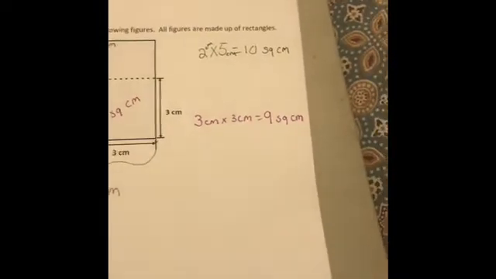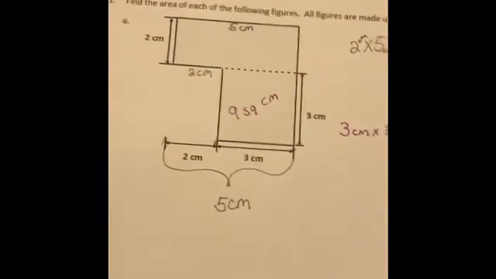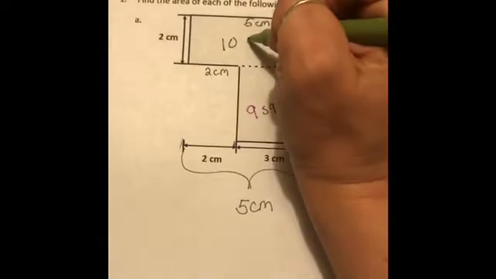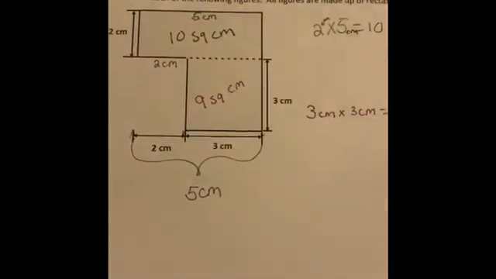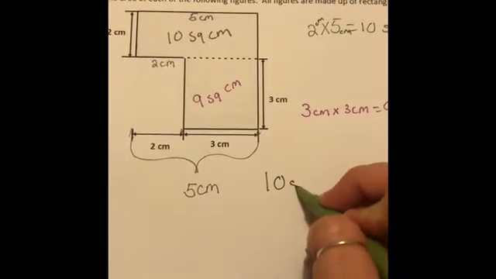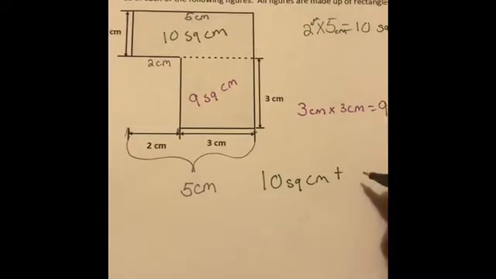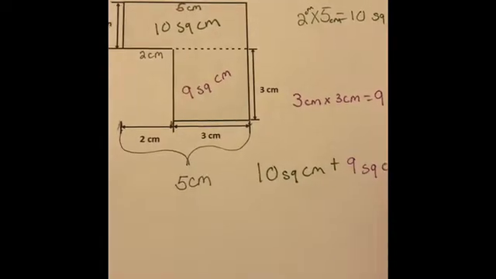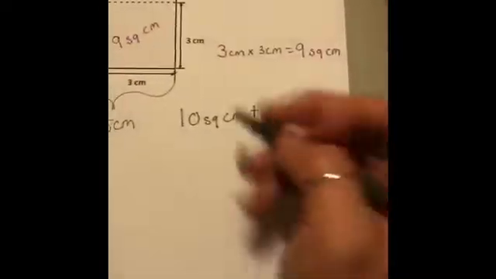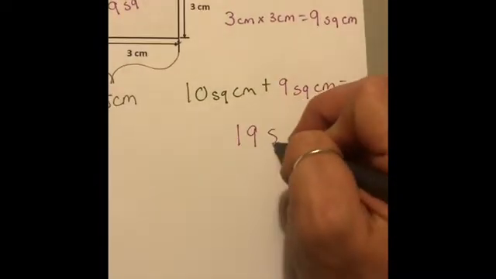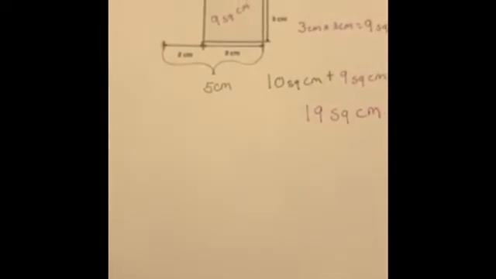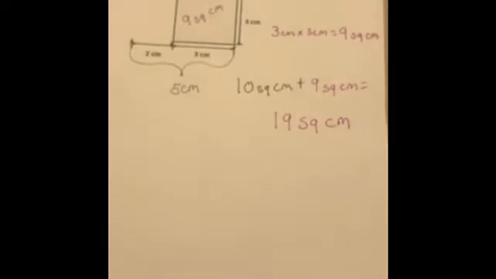So now in order to find the area of the whole shape, I need to add the area of the rectangle to the area of the square. And if I add 10 and 9, I get 19 square centimeters. So I can tell that the area of this irregular shape is 19 square centimeters.